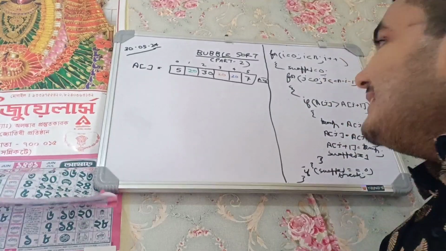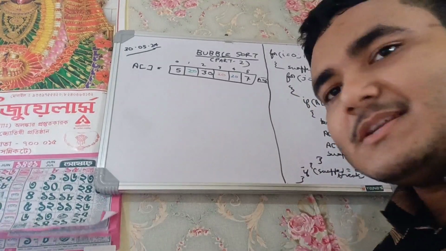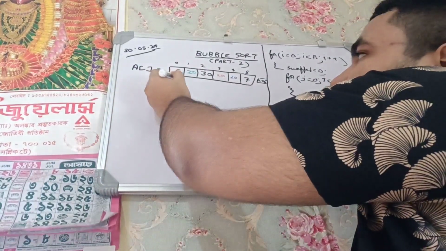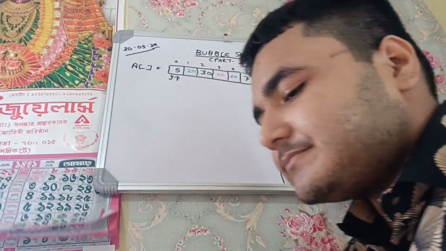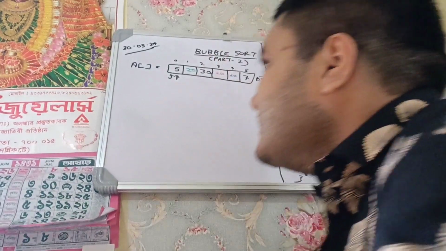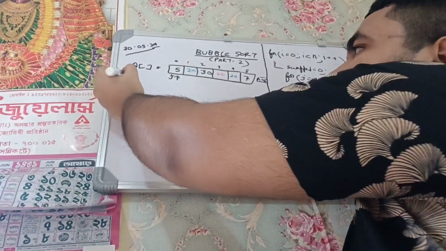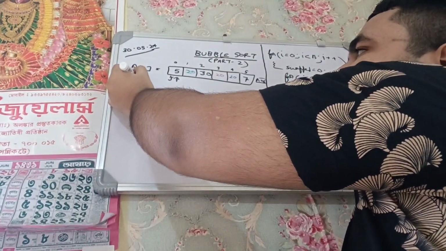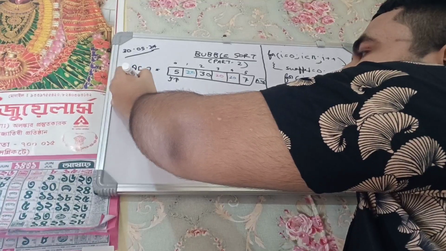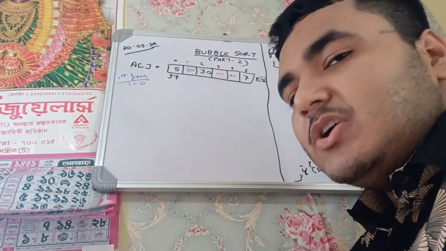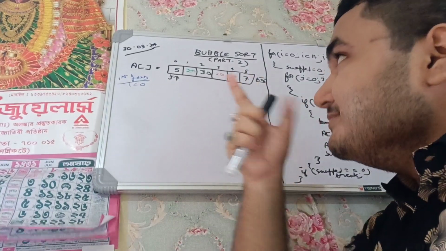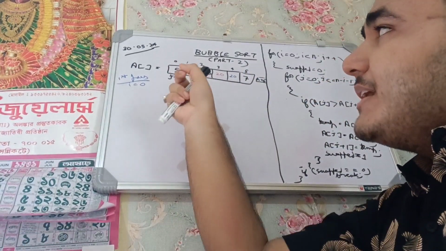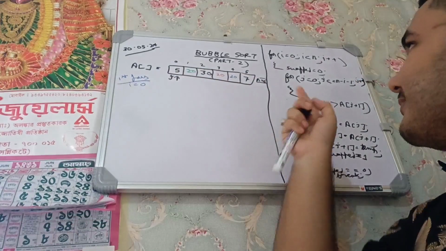Now, by this concept, let us check with this array if bubble sort is stable or not, right? Okay. So now first pass, when i equal to 0, j is equal to 0 now.